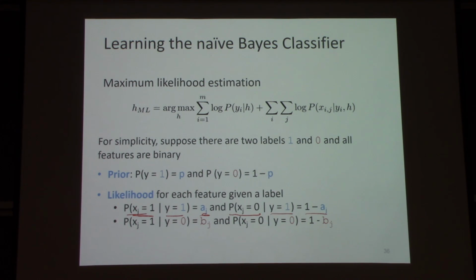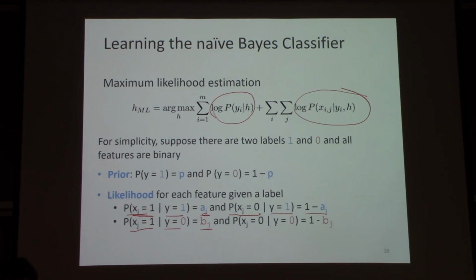I'm saying that this is how I believe the world works. Similarly, I can say that the feature being 1 when the label is 0 is bj, and the corresponding other side would be 1 minus bj. This is an assumption. So on this slide, what I have is an assumption about the functional forms of this term here, the prior, and this term here, which is the likelihood of a feature given the label.